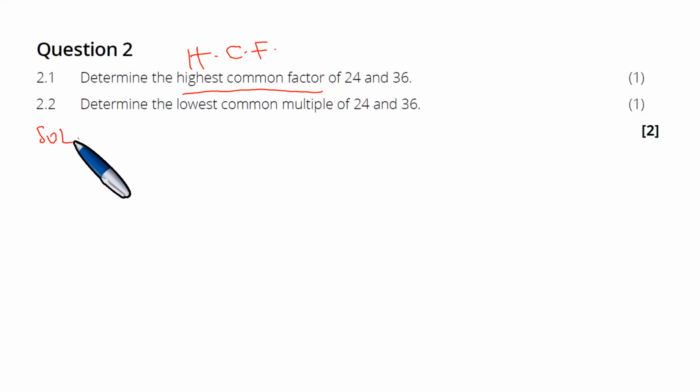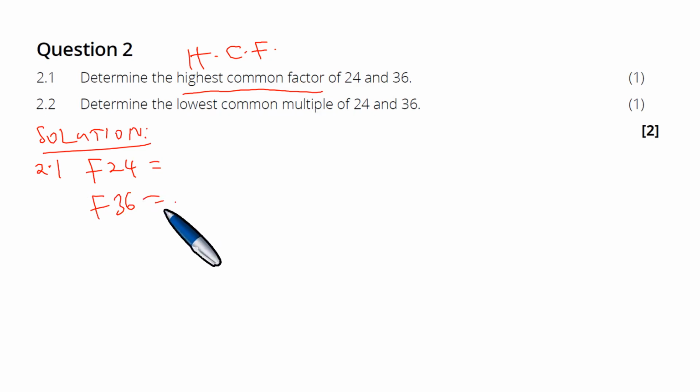Right, so the solution is as follows. In 2.1, you must first get the factors of 24 and the factors of 36. What are the factors of 24? 1, 2, 3, 4, 6, 8, 12, and 24.